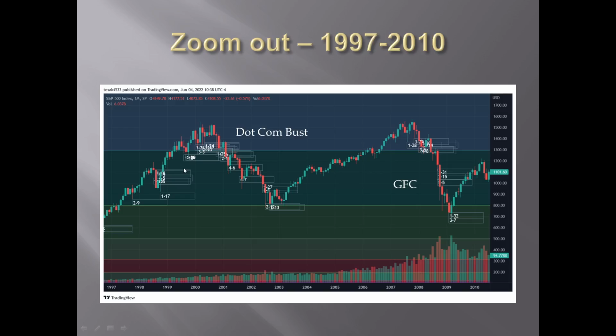Now let's look at the 97 to 2010. You can see again, this was another one. We went pretty far, but it was kind of a whole sideways move for this whole more than a decade, right? 97, we get the run up, the .com bust.